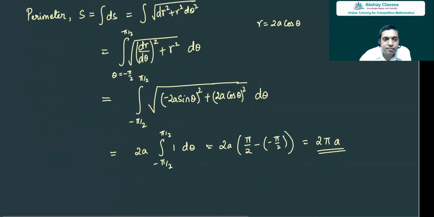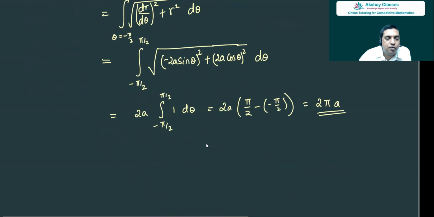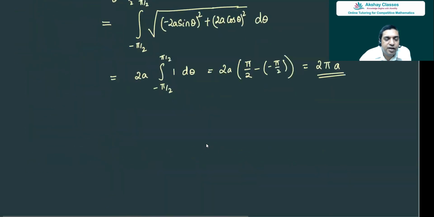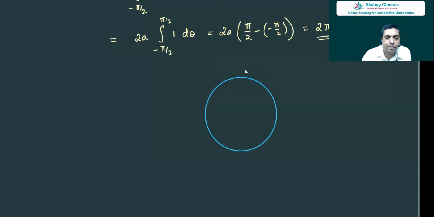Second integral, for the area. How do we find the area? Area of the sector. So this is the initial line.